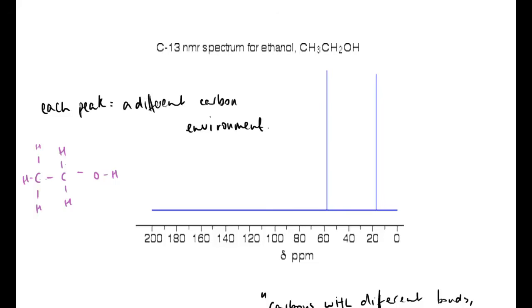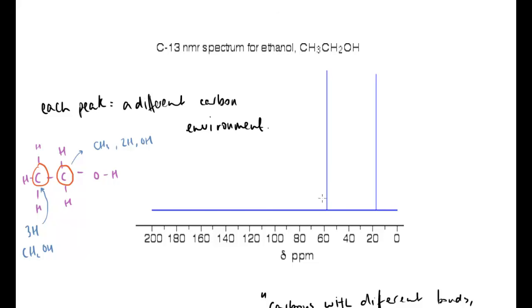Well, this time we can see this C has 3 H's, and then it has a CH2OH joined to it. This C, on the other hand, has a CH3, 2 H's, and an OH. So different things again. And that's the key thing now. These are in different environments. So in terms of the exam, there would be 2 peaks seen, and here we go. Ethanol, 1 peak, 2 peaks.